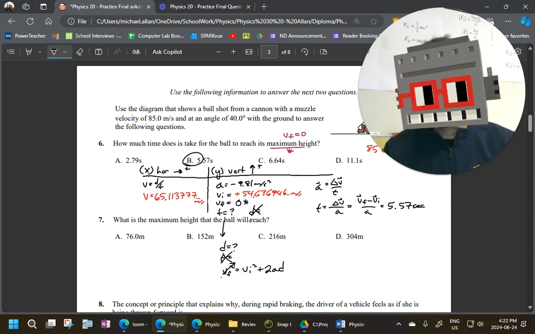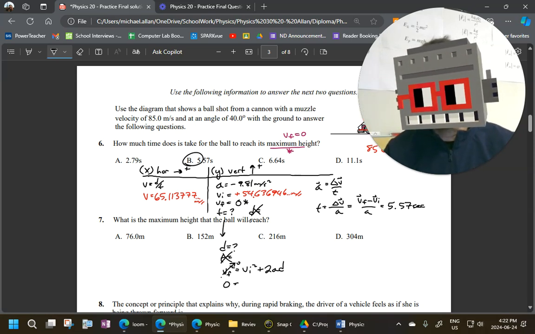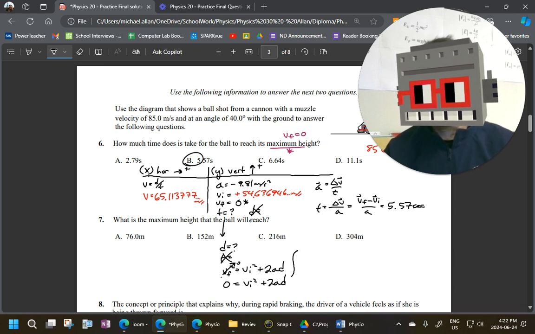I'm going to put a 0 in this spot here, so I get a simplified equation. I'm going to rearrange this for D, so minus VI squared is equal to 2AD, and divide by A. So D is minus VI squared divided by 2A.